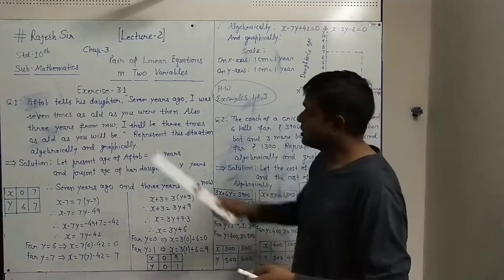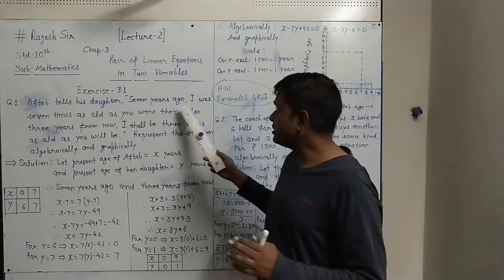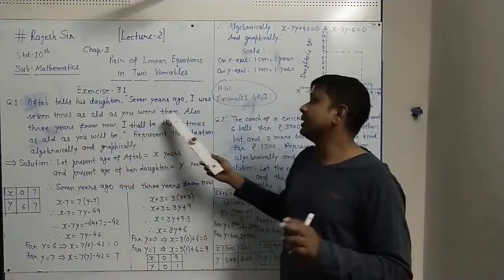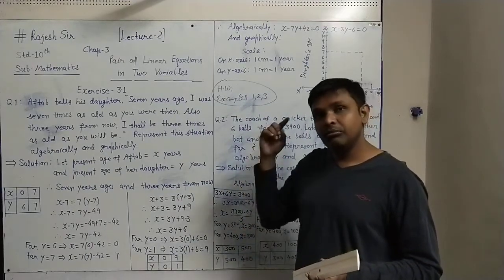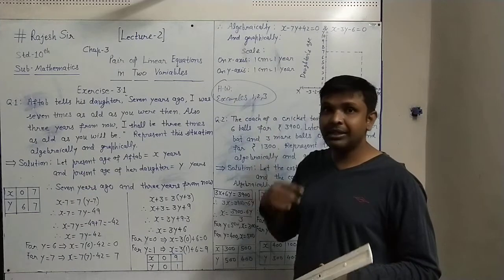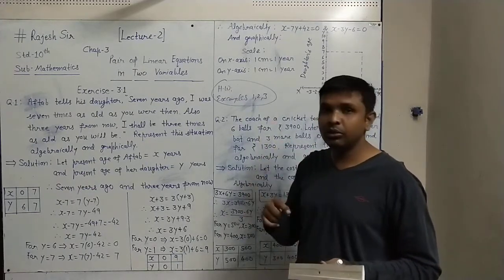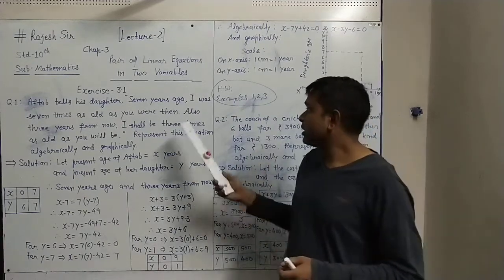Okay. So exercise 3.1, question 1. Aftab tells his daughter, 7 years ago, I was 7 times as old as you were then. Means 7 years ago, Aftab's age was 7 times his daughter's age.